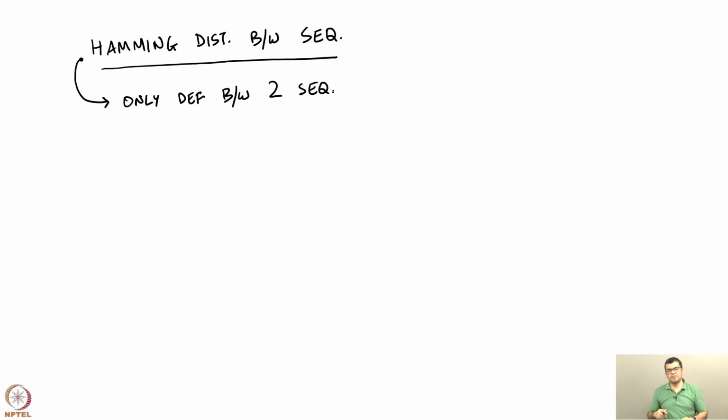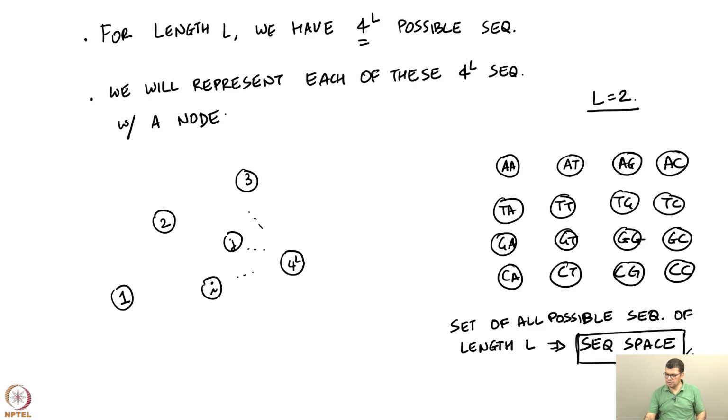So, we do not define Hamming distance between 3 or 4 sequences, it is done in a pairwise manner, where of the set of sequences that we have, we take 2 and then we define the Hamming distance between them.